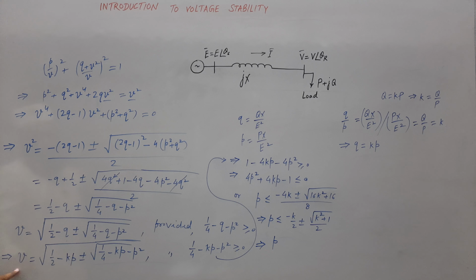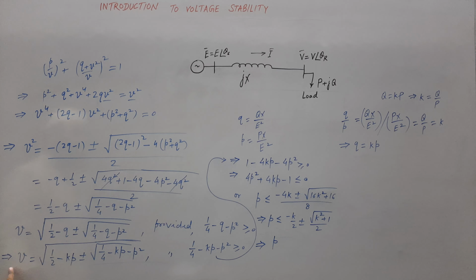positive real solution of V, a small v, per unit value of voltage, provided this condition is satisfied, that is P, active power, per unit value of active power consumed by the load, as under root k square plus 1 by 2 minus k by 2, where k is ratio of q by P, reactive power consumed by the load and active power consumed by the load.